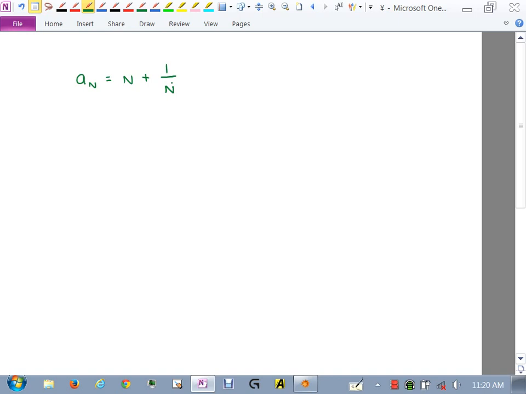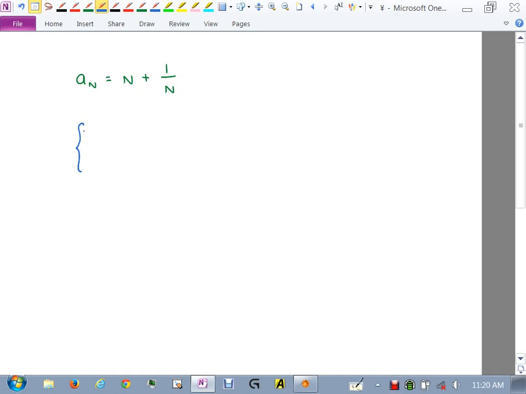So the instructions on this were to see if it's increasing or decreasing, right? Is it increasing or decreasing? And then, is it bounded. Determine if it's increasing or decreasing, determine if it's bounded. So I'm going to start by writing out some of these first pieces.